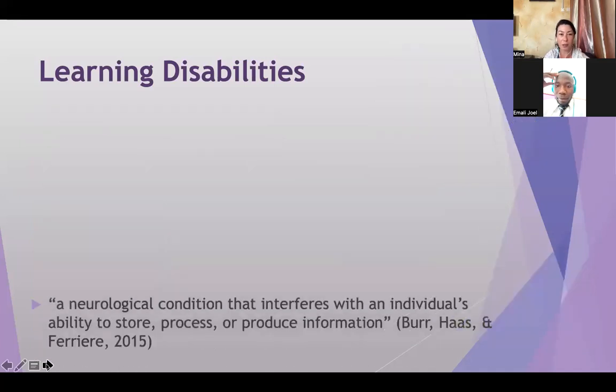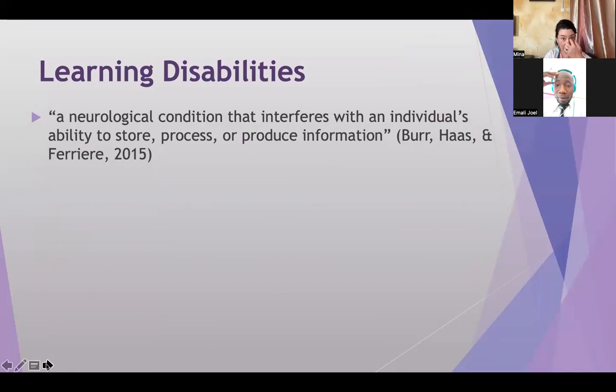So when we're talking about learning disabilities, we're talking about an issue with the brain. It is a neurological condition, and it interferes with the individual's ability to store or remember, to process, or to produce information. It doesn't mean there's issues with all 3 of these. Some people just have trouble remembering. Some people have trouble working through what they do remember. And then others can remember, they can process, but they can't seem to share what they know.